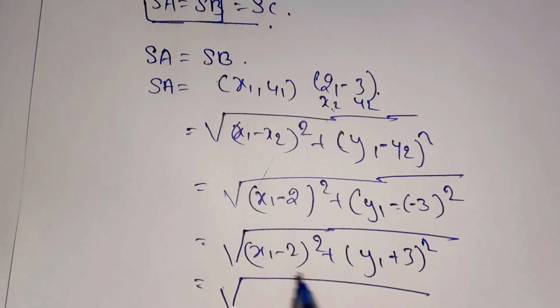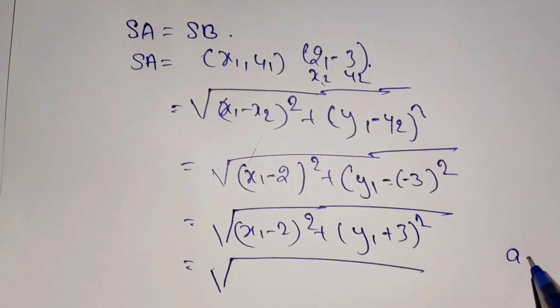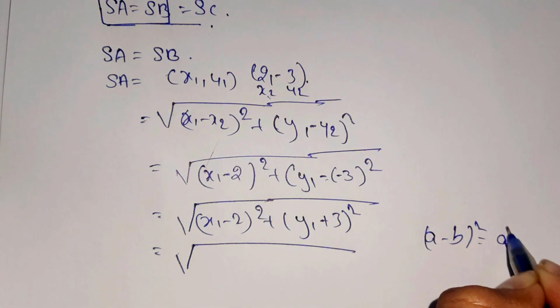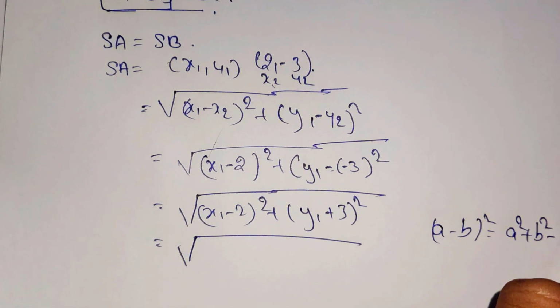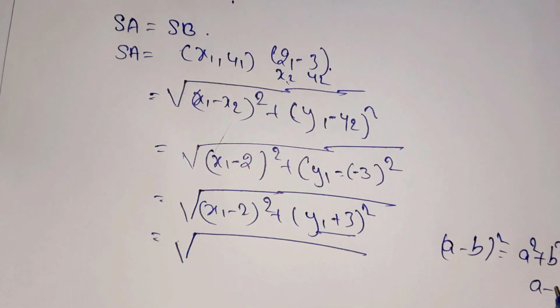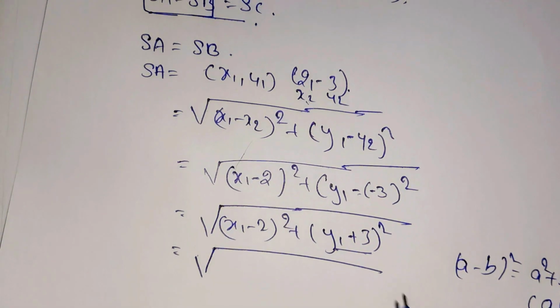This is in the form of (a - b)², which is a² + b² - 2ab, and this is in the form of (a + b)².